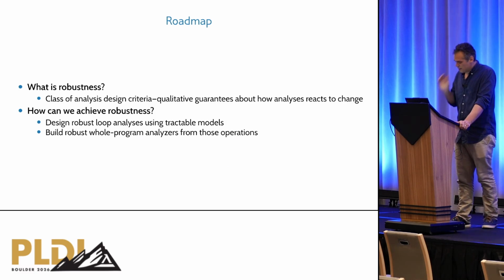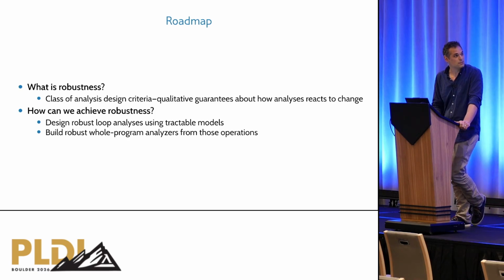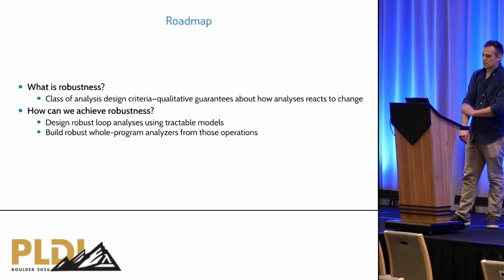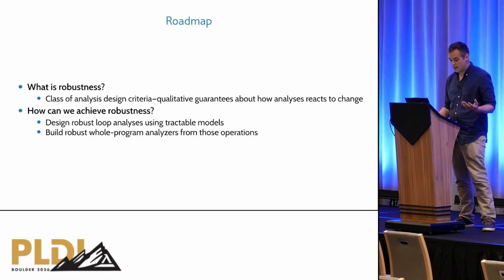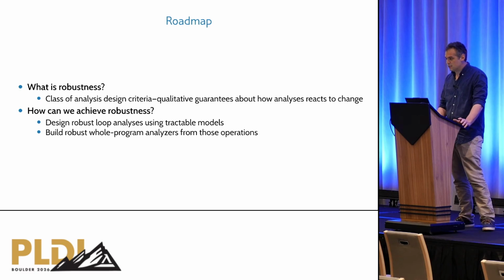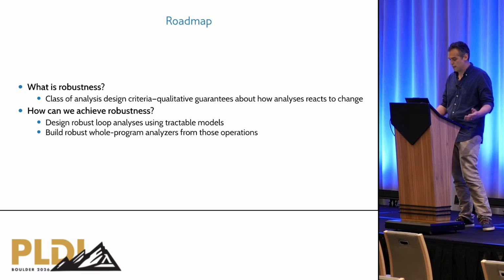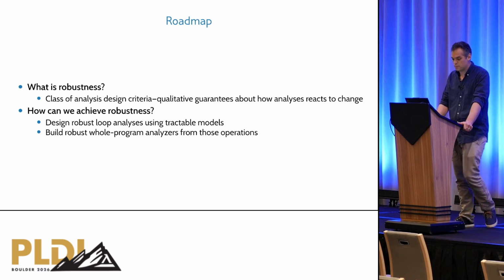All right, so this work takes a step towards fixing this problem. So I'm going to answer two questions in this talk. First, what is robustness? So I'm going to give a general language for talking about robustness properties and criteria by which we can understand programs satisfying these properties.